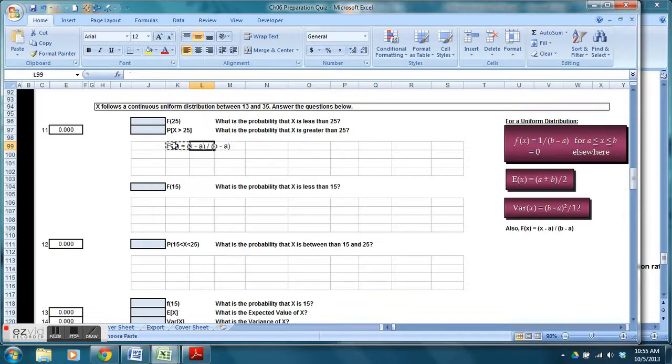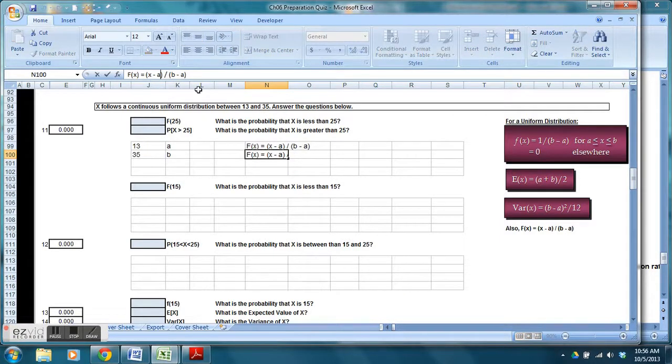Let's start out putting that here and here. 13 and 35. And now it's asking for the probability that x is anything less than 25. So let's just start plugging and chugging in here.